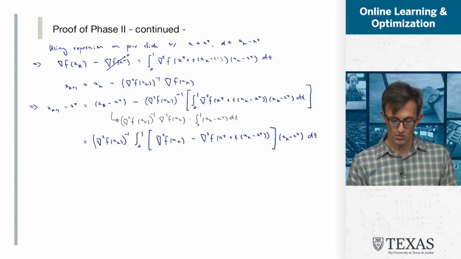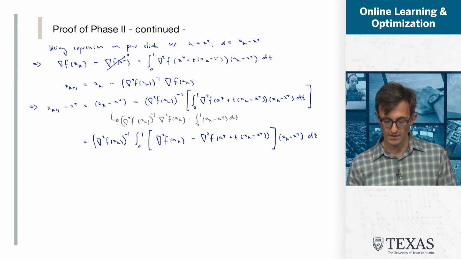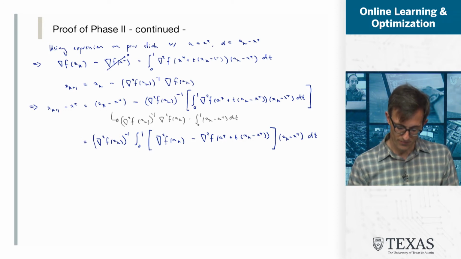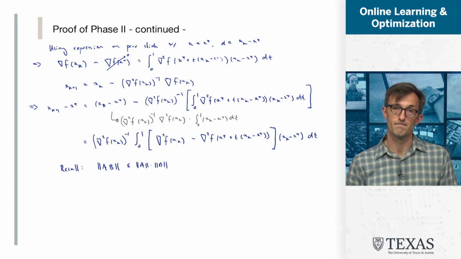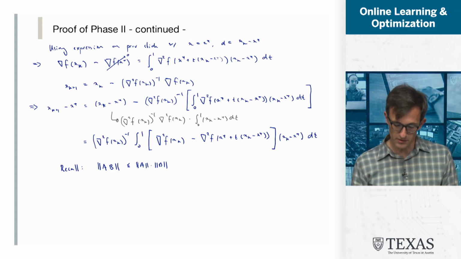Okay, so now let's take a norm on both sides. I'm going to use two facts. First, recall that if I have any two matrices A and B, the norm of A times B is less than or equal to the norm of A times the norm of B. This is called the submultiplicative property.